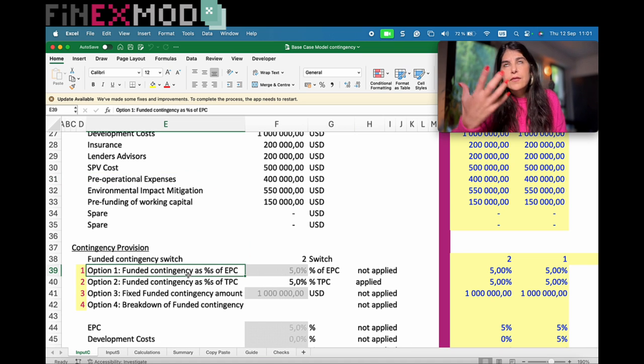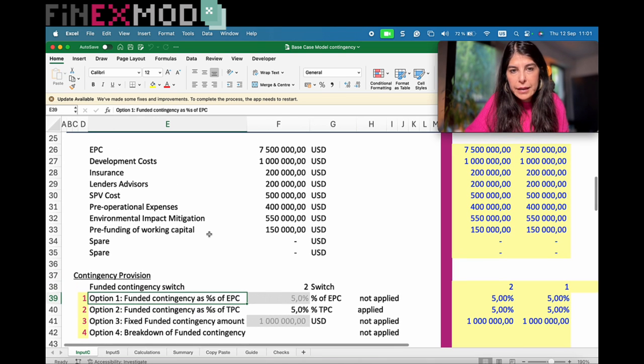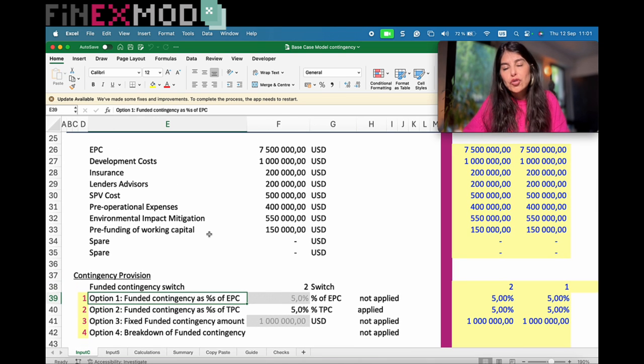Option number 1 is funded contingency defined as a percentage of EPC, or like your major cost. So in my case here, or in most infrastructure projects, EPC is the major cost. So we just take a percentage of the EPC, and that's how we estimate and size our contingency fund.